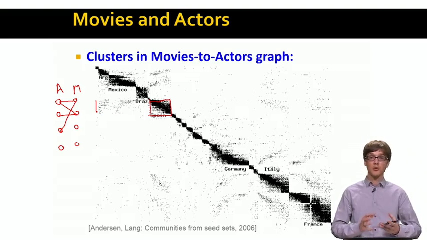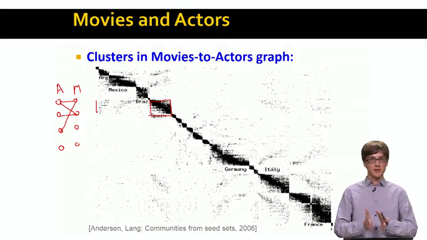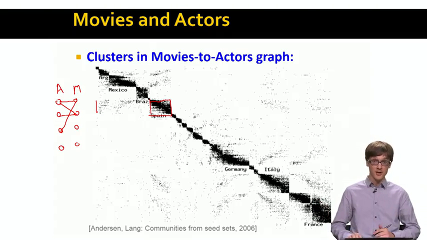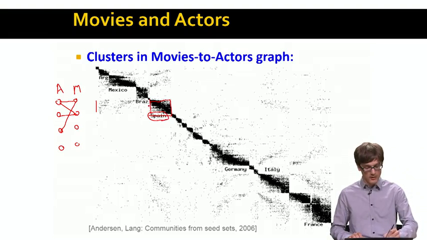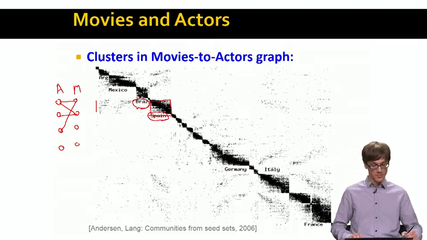We would expect them to correspond to different languages, right? The idea is that actors that speak Spanish, they act in Spanish movies. And it's very hard for the same actor to act both in a Spanish, German, and let's say an English movie, right? So we find that actors kind of act in movies of similar language. And we see this, that for example, we have Spanish movies, we have Brazilian movies, basically meaning Portuguese, Mexican movies.